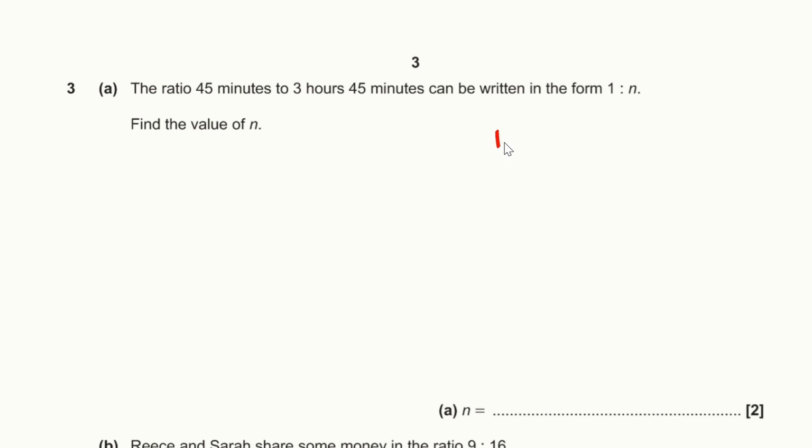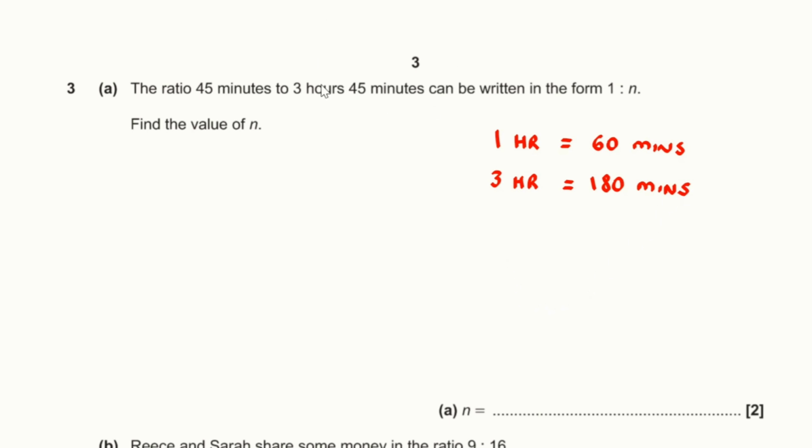We know that in 1 hour there are 60 minutes, and so therefore in 3 hours there are 60 multiplied by 3, which is 180 minutes.